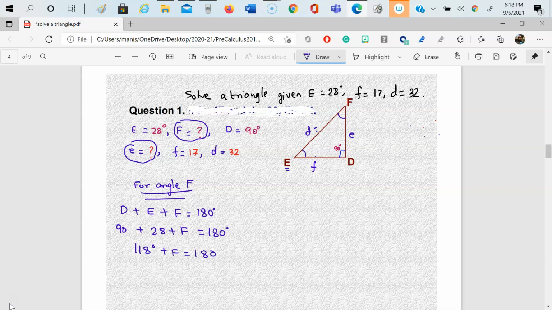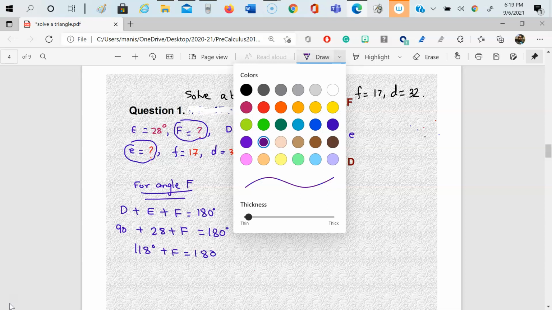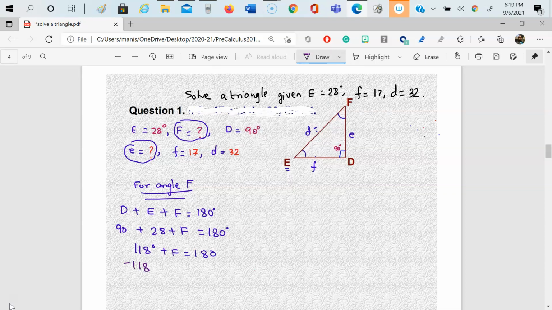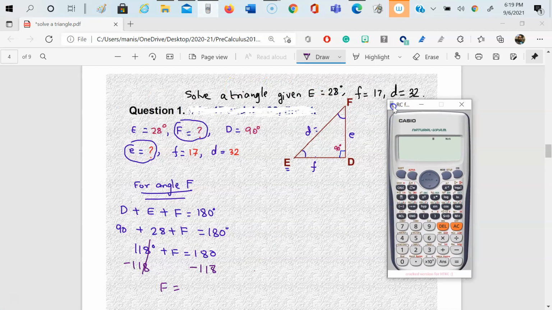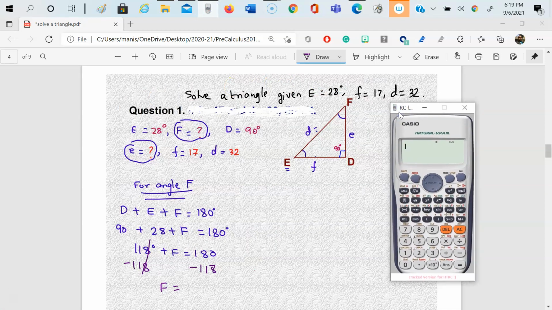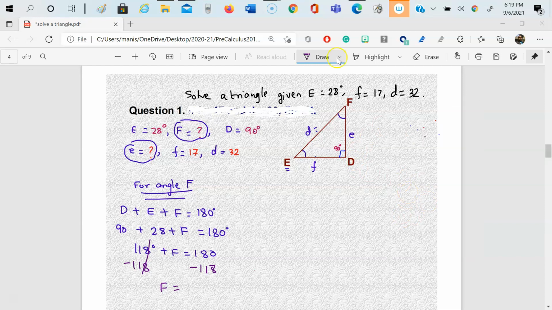Now it is an equation over here. So I can subtract 118 from both sides. So this gets cancelled out and F is equal to 180 minus 118, so it should be 62. Let's use our calculator. Some technical difficulties.